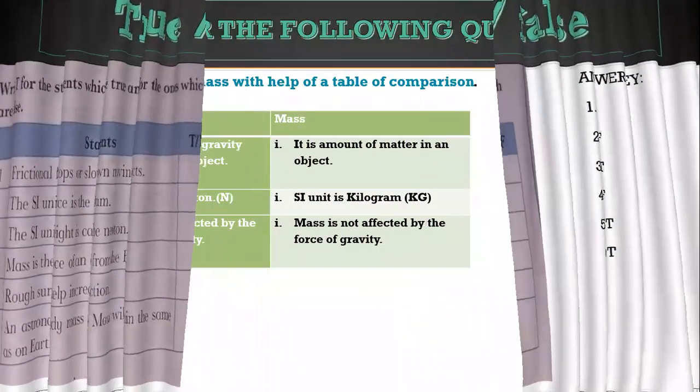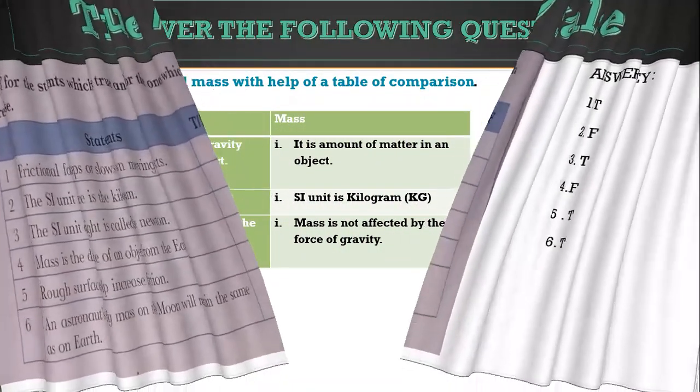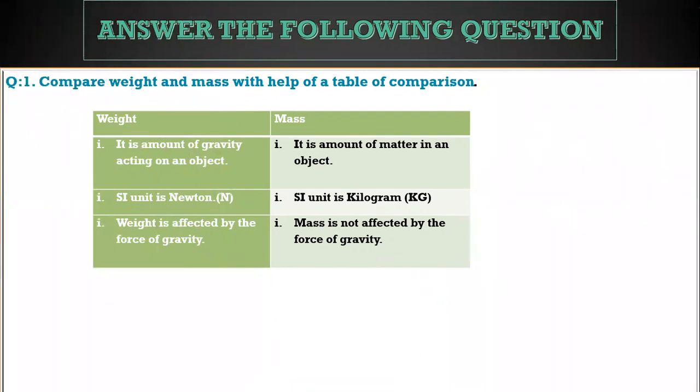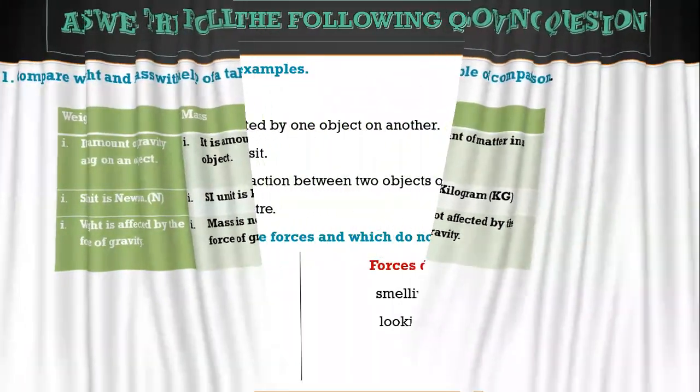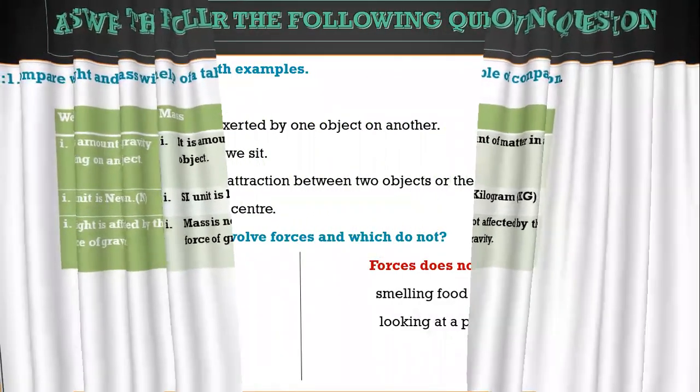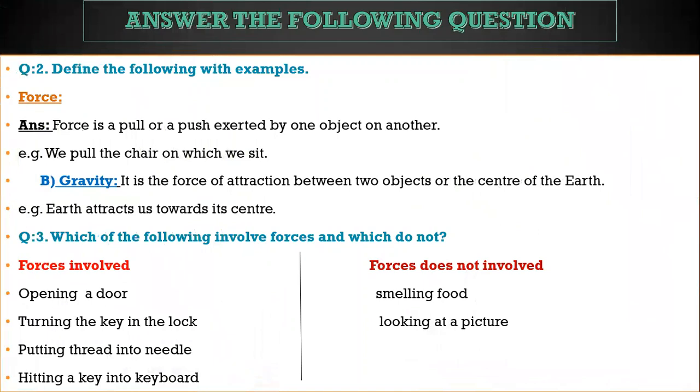Next we have the difference between weight and mass, or the comparison of weight and mass. You will write the definition and also mention the unit. Question number 2. Define the following with examples: force and gravity.